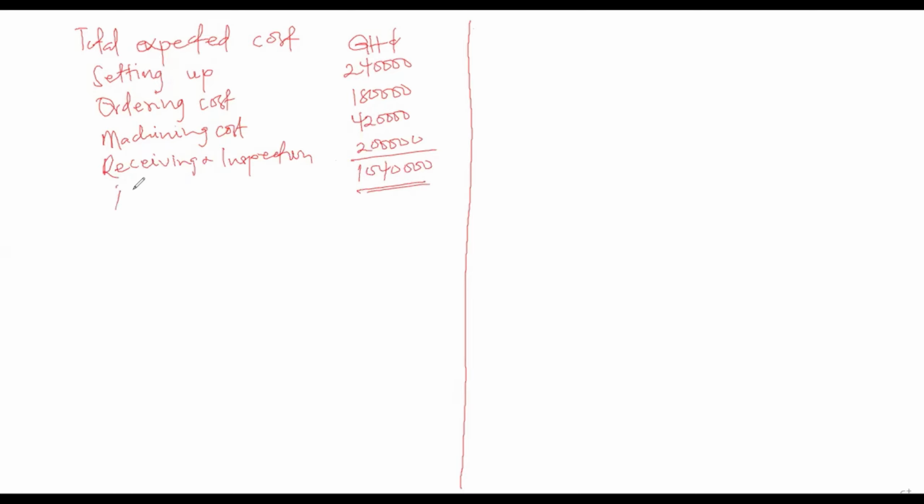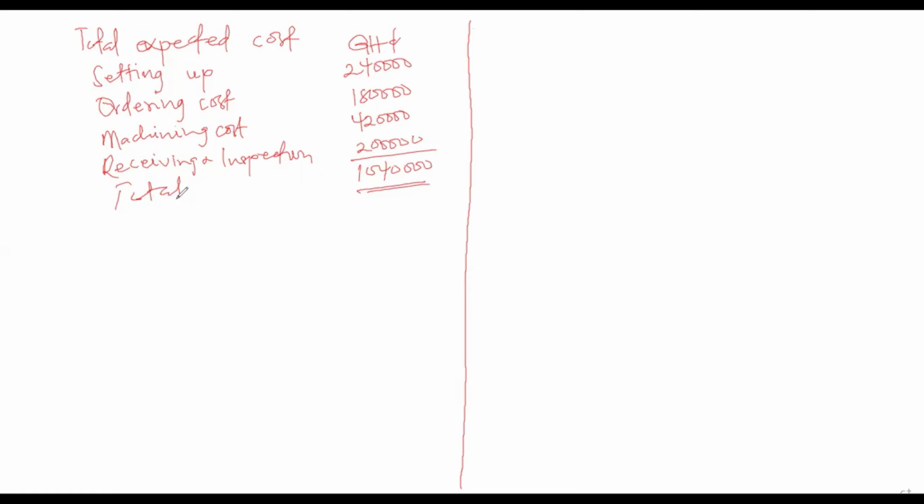So that is the total expected cost, which can also be our budgeted cost. So when you have this, now the question is saying that we should use the direct labor hours to apply for the overheads. That is also the traditional approach.